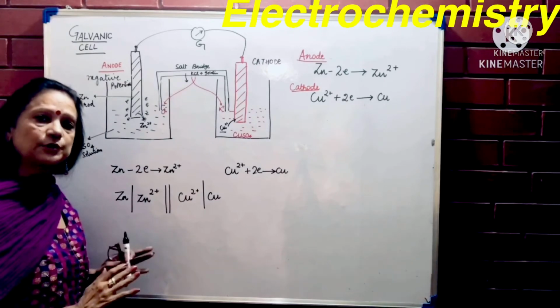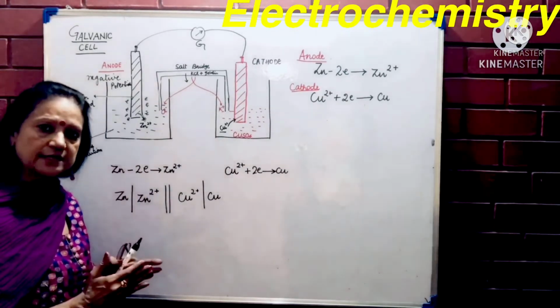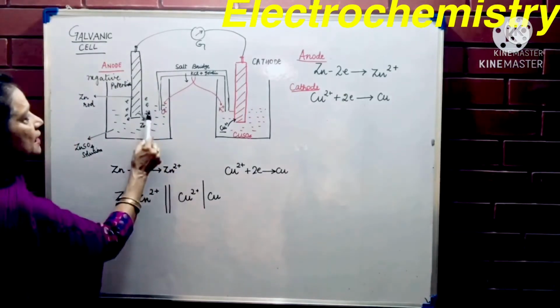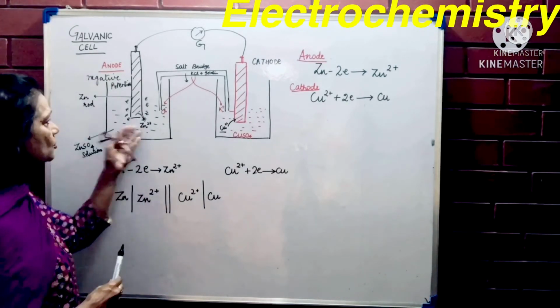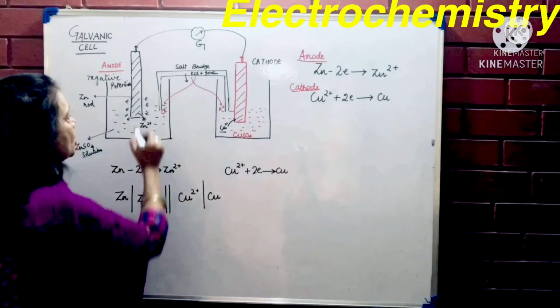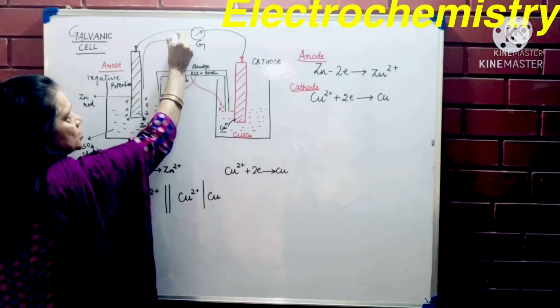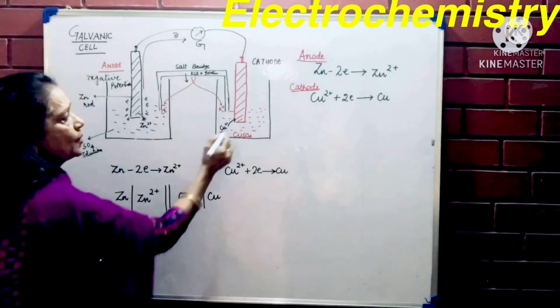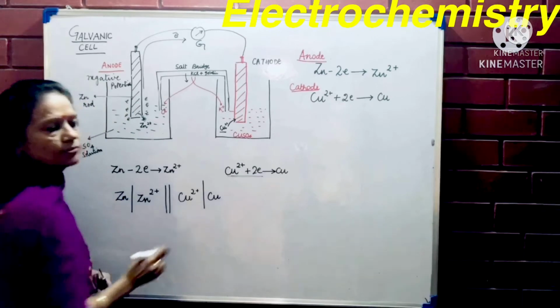Whenever we were doing electrolysis, we said anode is positive and cathode is negative. It is opposite in this case, because electrons are accumulating at the rod which is undergoing oxidation. These electrons start moving through the outer circuit to the other end, where copper ions gain these two electrons and become copper.